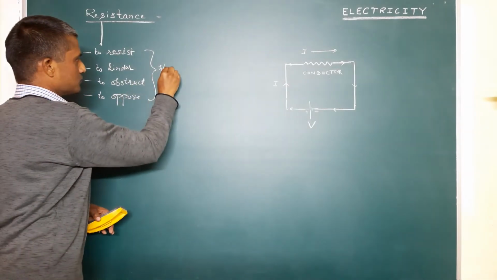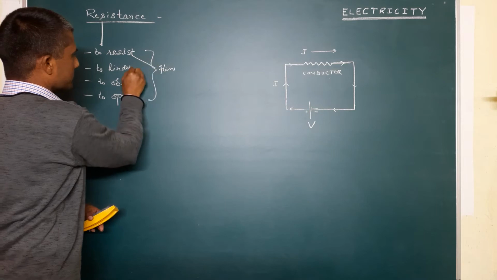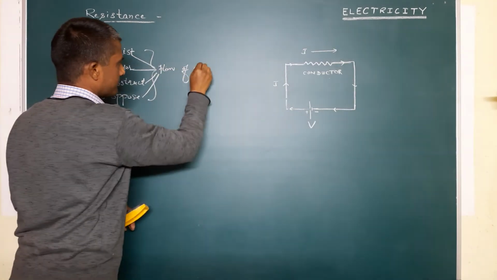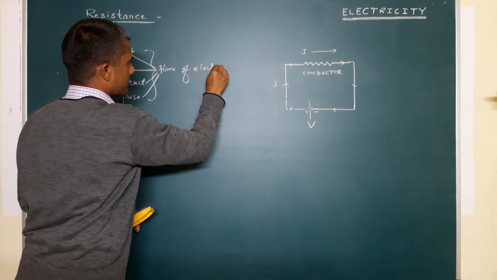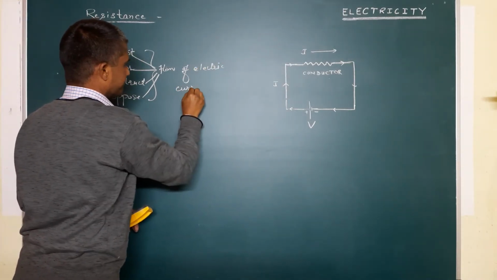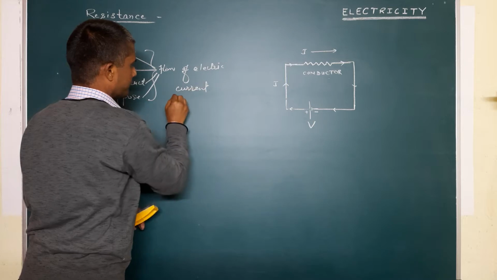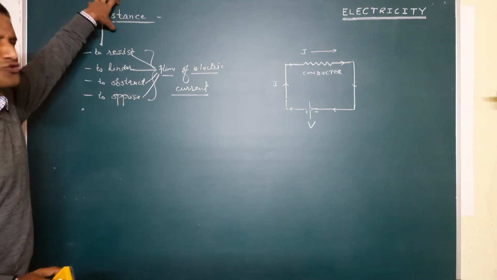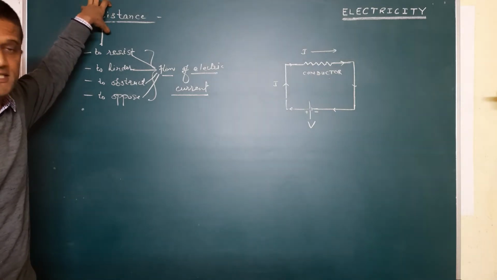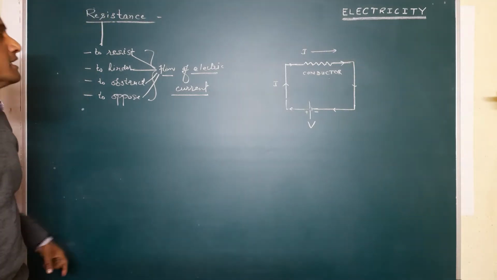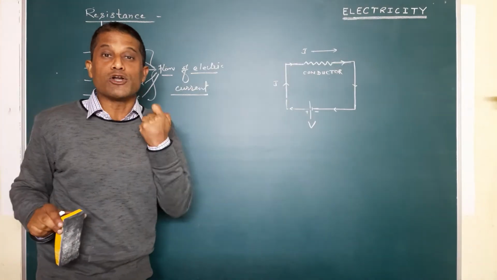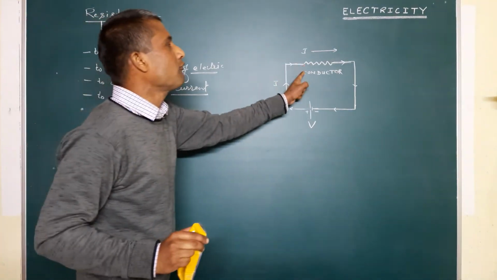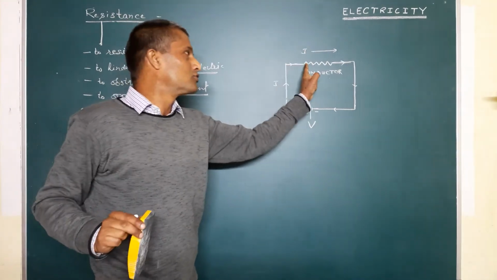And here it is, to oppose, to resist the flow of electric current. So simply speaking, the name is suggesting itself: resistance is the name of that physical quantity which opposes the flow of electric current through a conductor.